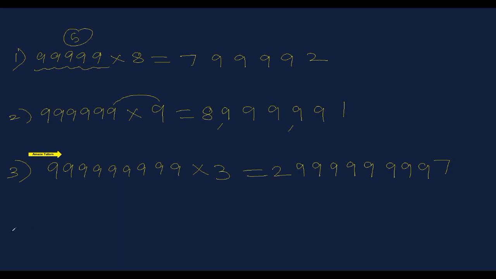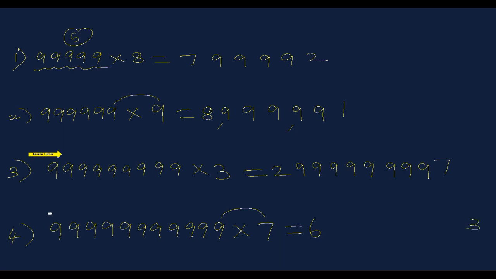Okay, we will do one last question. As I said, this trick will work with any number of 9s, it doesn't matter, times 7 this time. Now easy. 9 7s are 63. Write 6 here and 3 here.